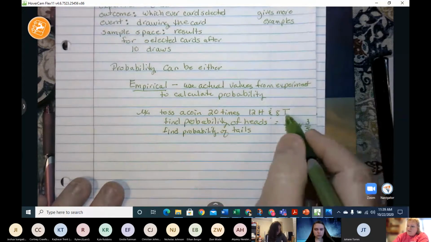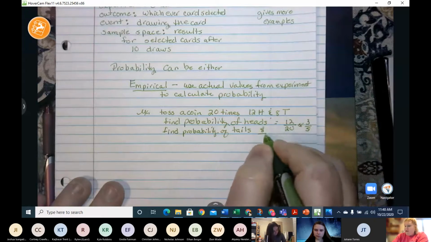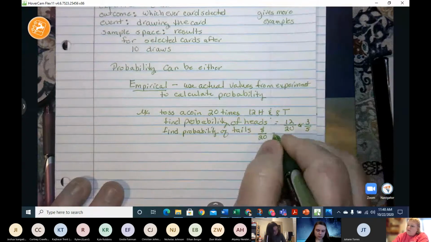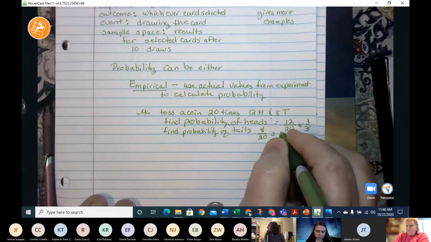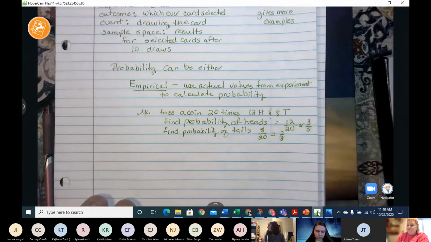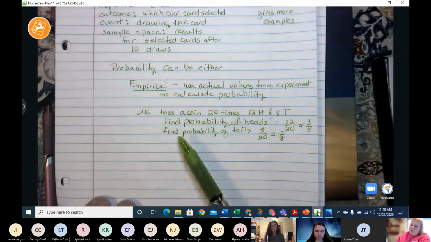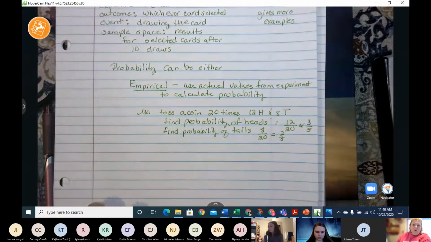The number of tails was 8 out of a total of 20 tosses, which reduces to 2/5. So when we're doing empirical probability, we are using the actual values from an experiment in order to find the probability.